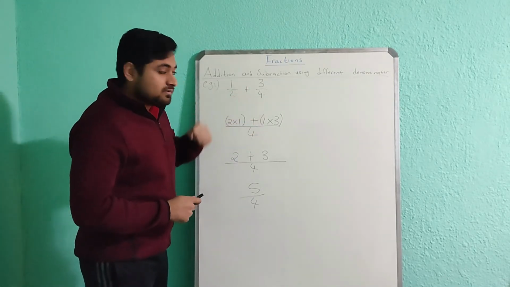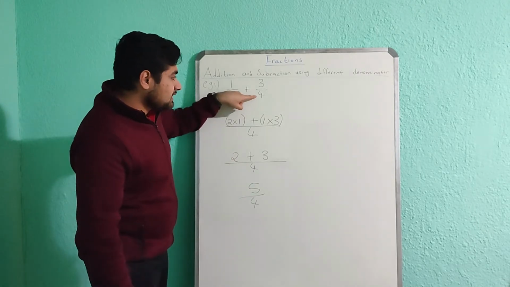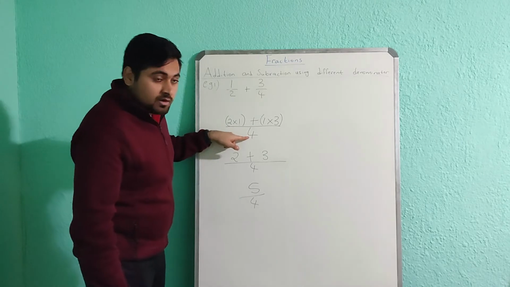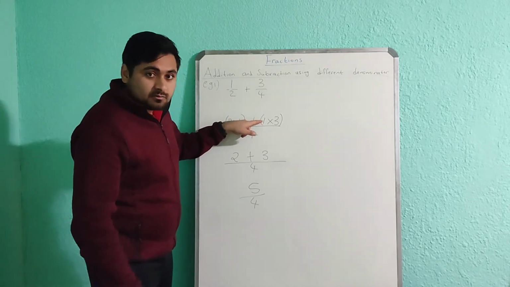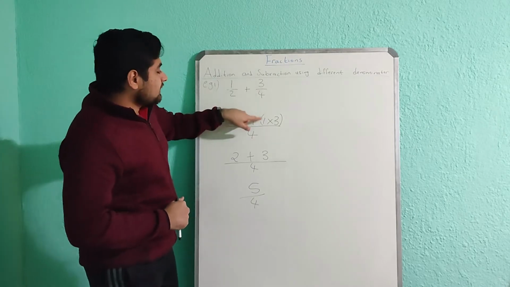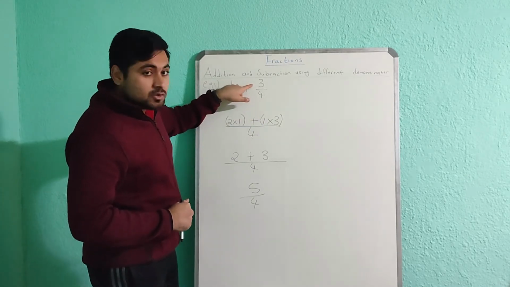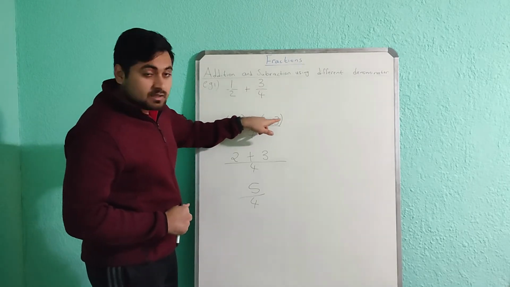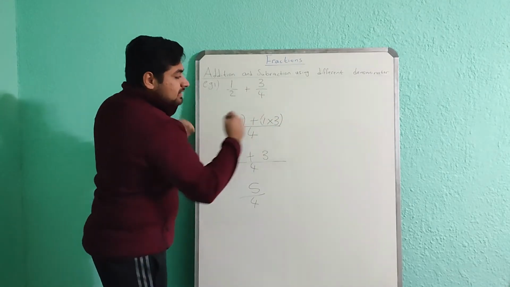Then we move on to the second fraction. We ask ourselves, how many times can the denominator of the second fraction go into this 4? So we know it can go only once, because 4 times 1 is 4. So as it can go 1, we write a 1 here, and then we look at the numerator. What is the numerator of the second fraction? 3. Then we say times 3. So that is this step.